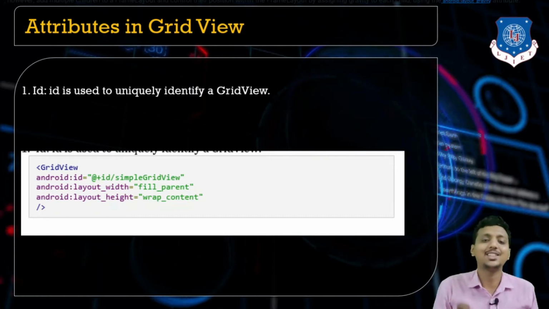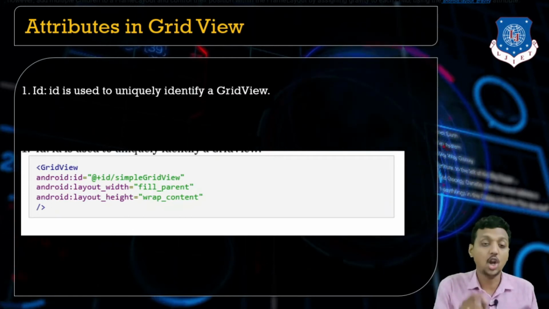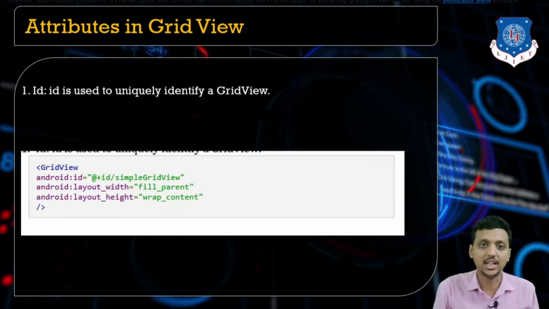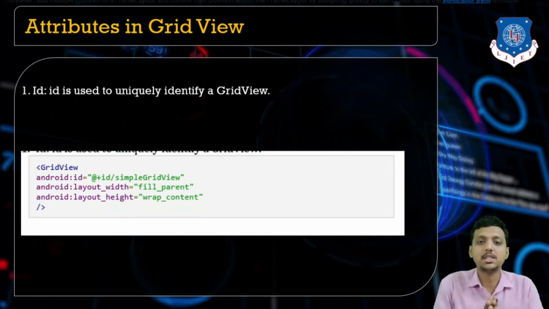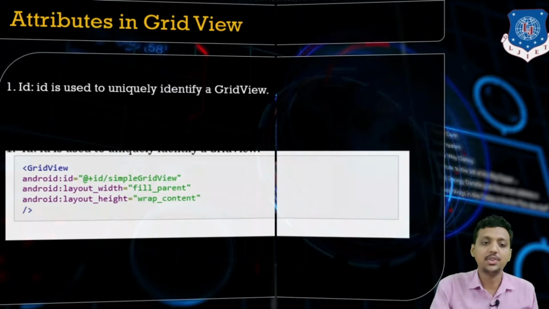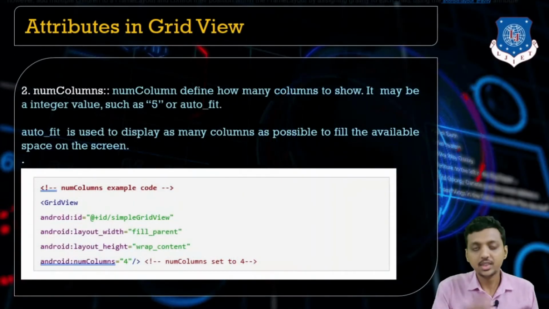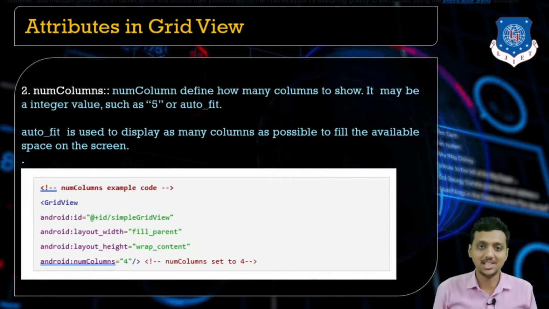Students, you just need to write GridView and give it the proper ID. Always remember the ID should be perfect and proper. And you also need to specify the layout width and height. So the first attribute is ID. You just need to define your grid view inside the activity_main.xml file.